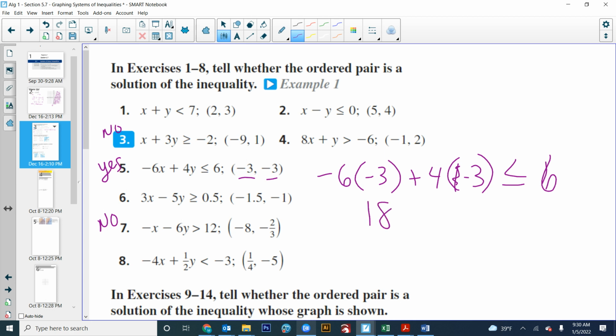What's 4 times -3? And I hate writing plus a negative. I'm just going to write that. Guys, what's 18 minus 12? What's the only thing that saved us here for this to be a solution? The or equal to. If that or equal to wasn't there, it would not be a solution. That saved us there. So that's a solution.